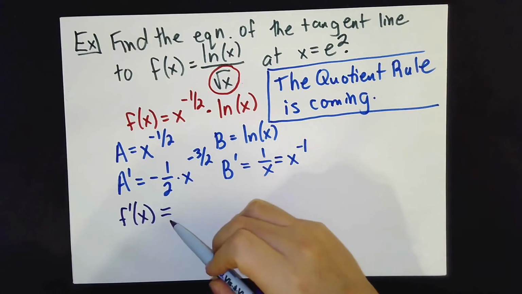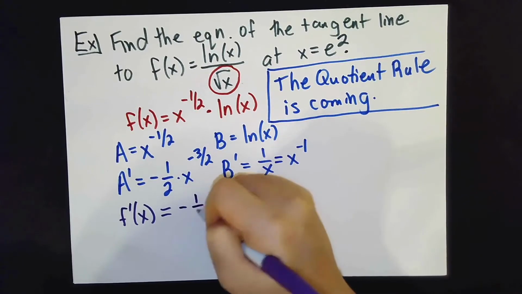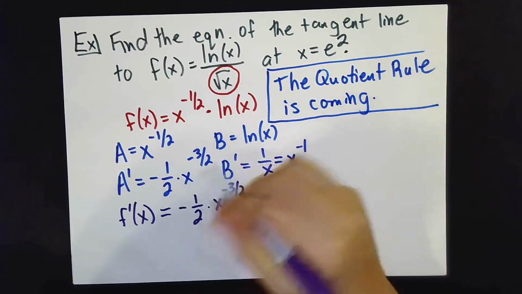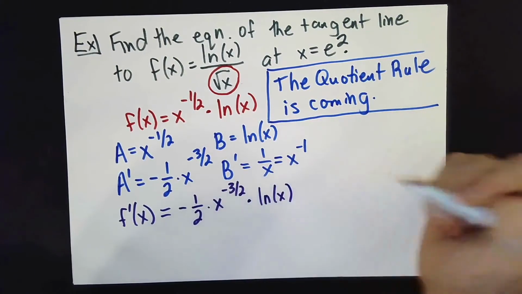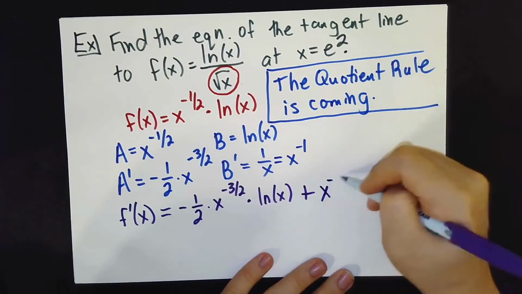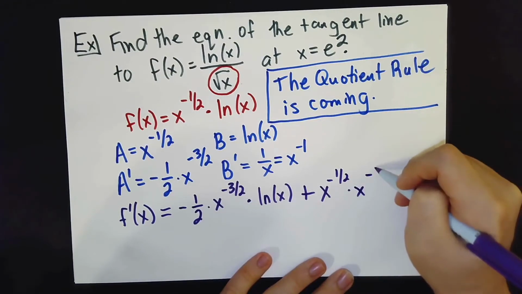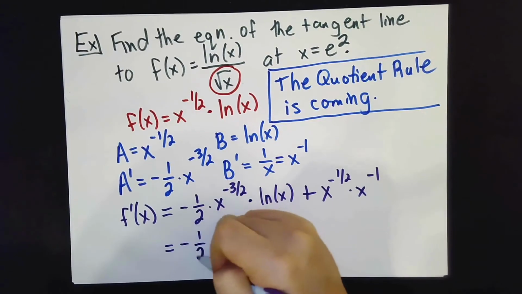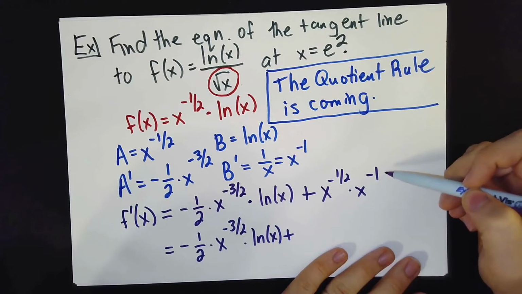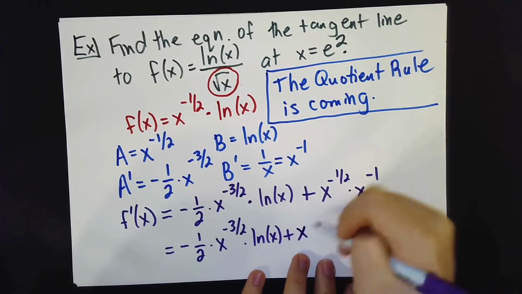And so f prime, by the product rule, is going to be A prime times B plus A times the derivative of B. Okay, let me tidy this up a bit. x to the minus 1/2 times x to the minus 1. These are like bases, so I add the exponents. So I will get x to the minus 3/2.